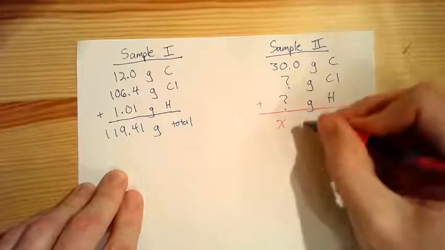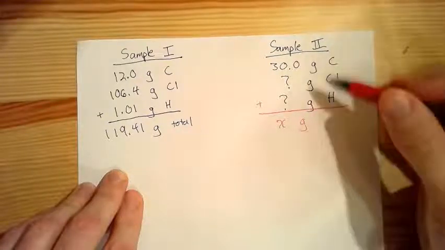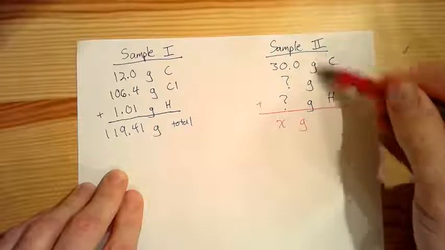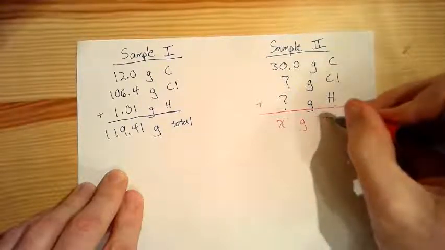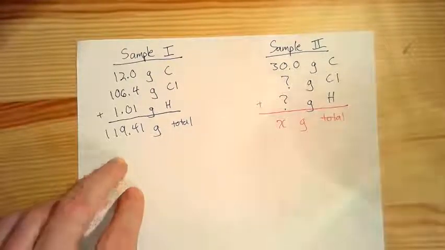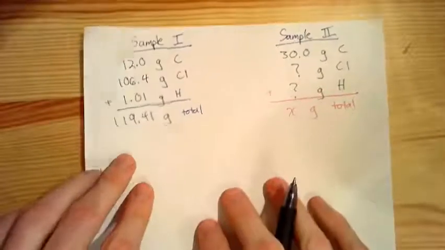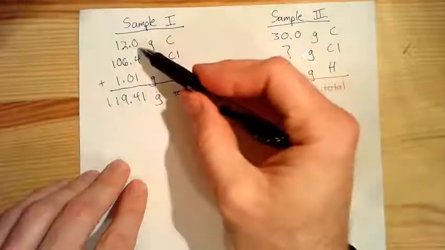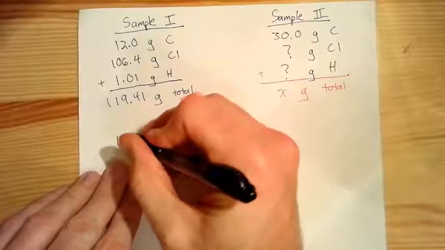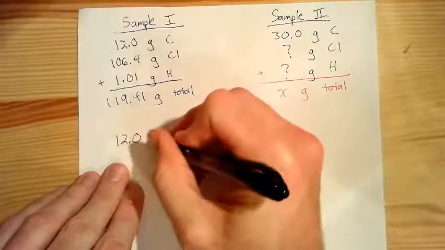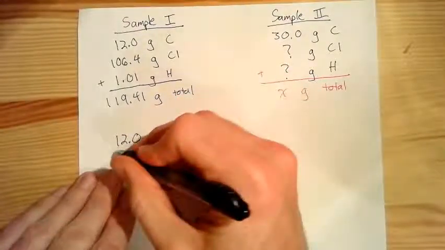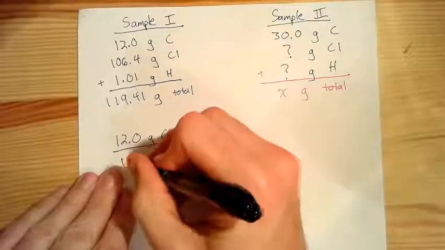This is actually what we're looking for. It asks you to find the total mass of sample 2. So I'm going to apply the mass percent rule by taking the mass of carbon and dividing by the total.